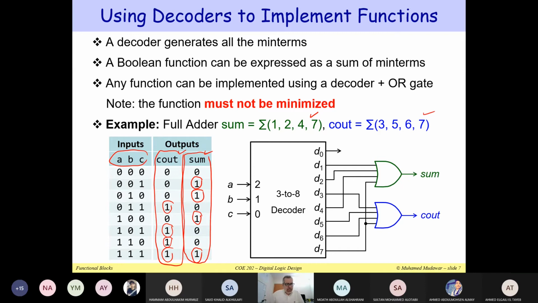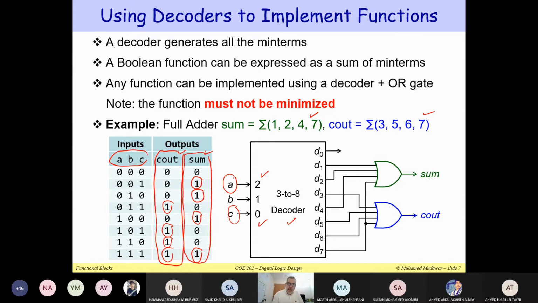So here's an implementation of the full adder. I can use a 3 to 8 decoder. Notice that A, the most significant bit, is connected to input 2, and C, the least significant bit, is connected to bit 0. So ABC can go from 0, 0, 0 all the way to 1, 1, 1.